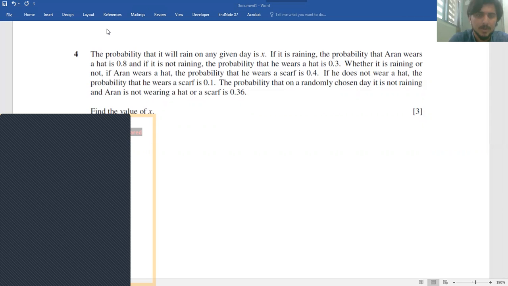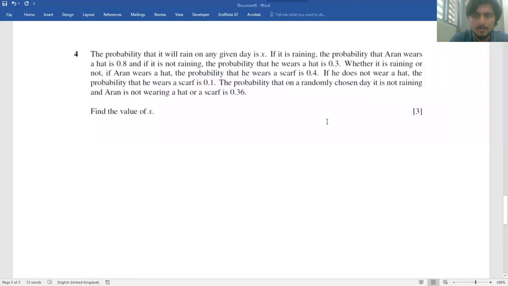So the probability of rain is X. The probability that it does not rain is 1 minus X. And then we say that he either wears a hat or he does not wear a hat. Again, he wears a hat or he does not wear a hat.